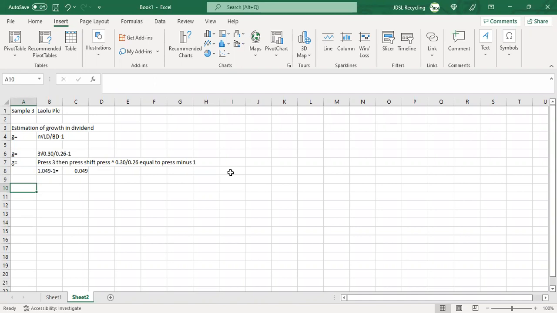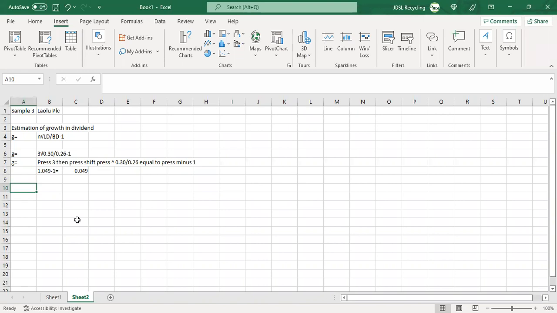Then 0.30 divided by 0.26. After that, are you going to press the equal sign before you press minus 1? Yes, you press the equal sign. I will need every one of us to get it right before we move on.